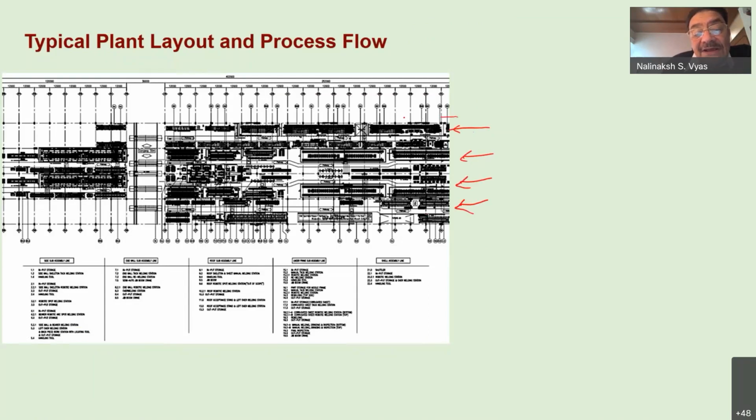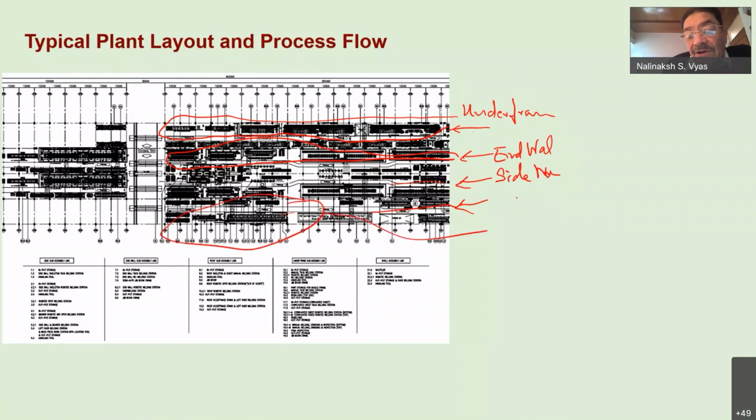These are various bays and various workstations. So there may be one route for, say, underframe. This may be for end wall, side walls. In between somewhere, it may be for the toilet.